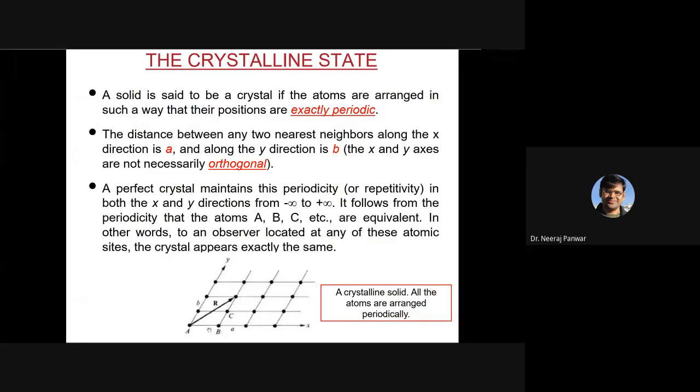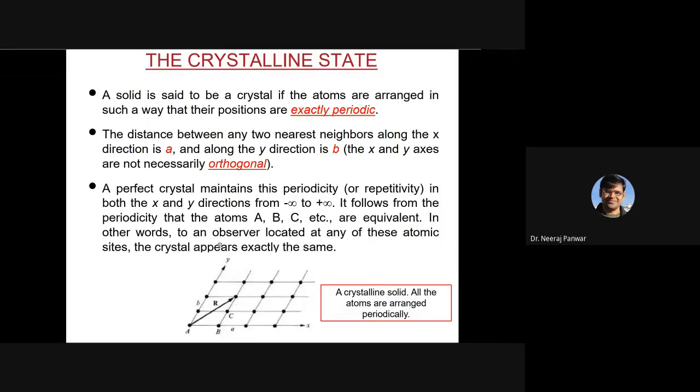But don't get confused by this picture, because here it is terminating. You should imagine that atoms are also in this direction, and atoms are also in this direction. So this is extending. Otherwise, you could say that atom A has 3 atoms on the right side, atom B has a different arrangement, and atom C also has a different arrangement. But if you visualize it from minus infinity to plus infinity in x and y direction, then these points A, B, and C are equivalent.